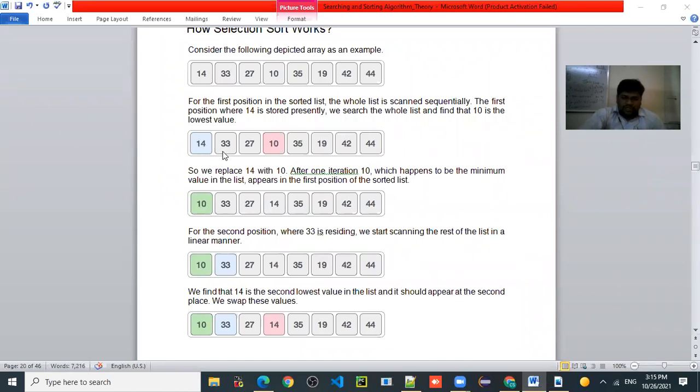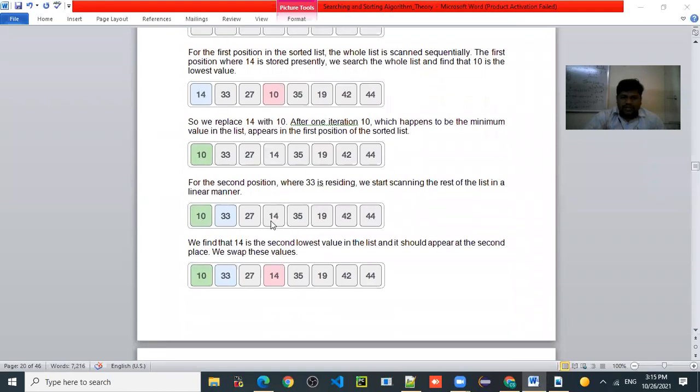After that, from the second position onwards, we scan for the second smallest element, that will be 14, and shift it to the second position.